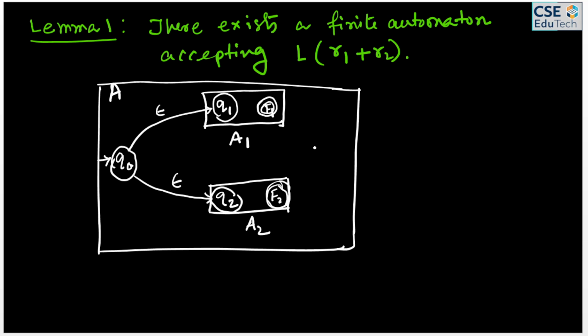Now to prove it, we are going to construct this automaton A, which accepts the language generated by R1 union R2. The automaton A can be defined as A equals Q, sigma, delta, Q naught and F. What are the states Q of the new automaton A?